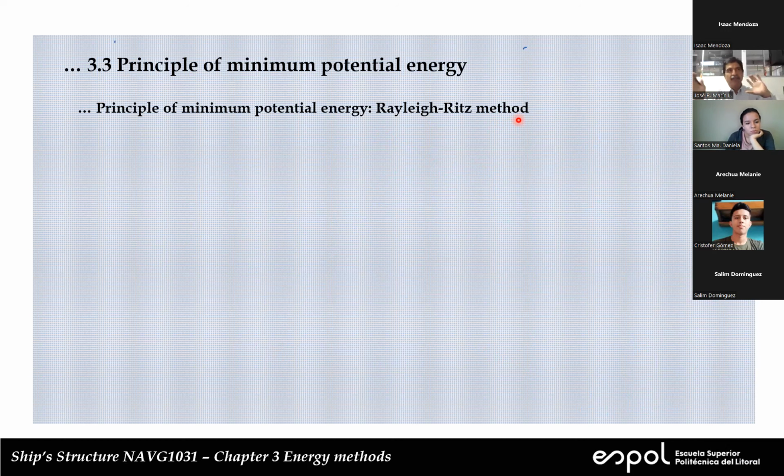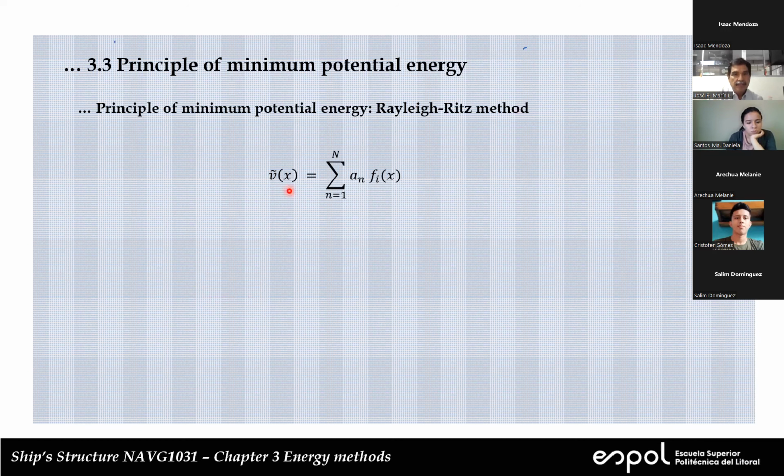Well, there are some ways to do it, okay? Some people call it variational calculus. We're not going to go into that. So what we can do is something much more simplified, and this is what we call the Rayleigh-Ritz method, okay? How we do it? This is the way we do it.